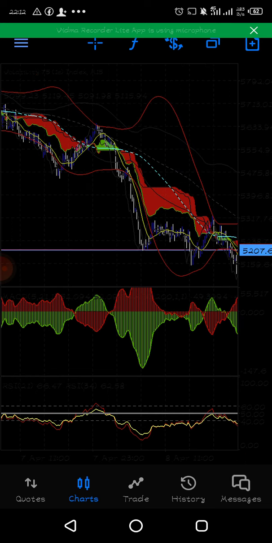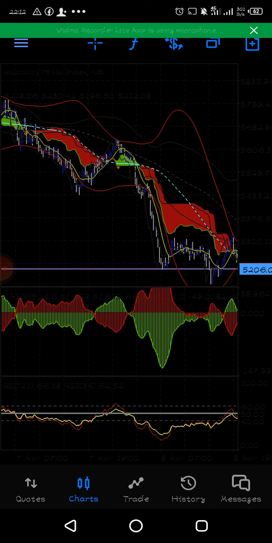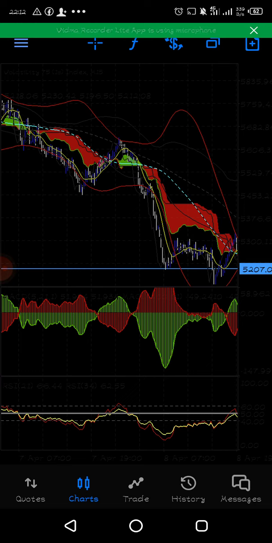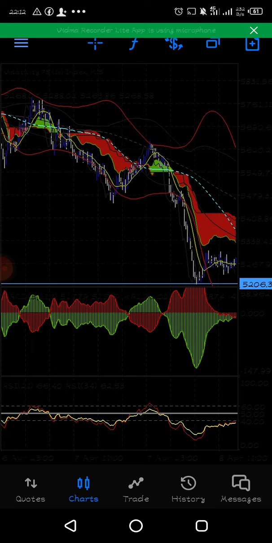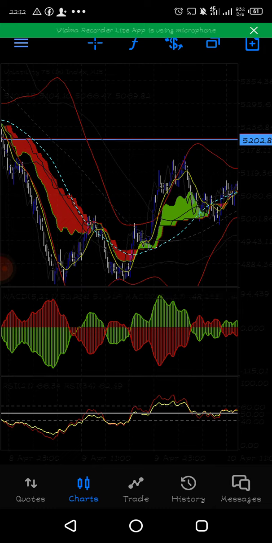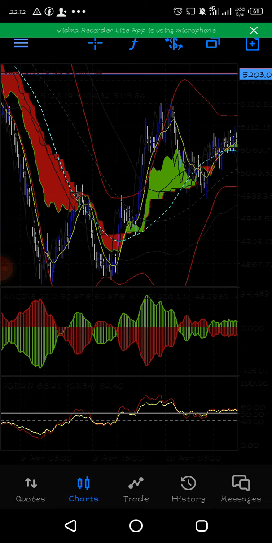Now, I was able to come across this indicator to give me the sentiment in the market so that at the end of the day, I will be able to take good trades and also be profitable in the market.